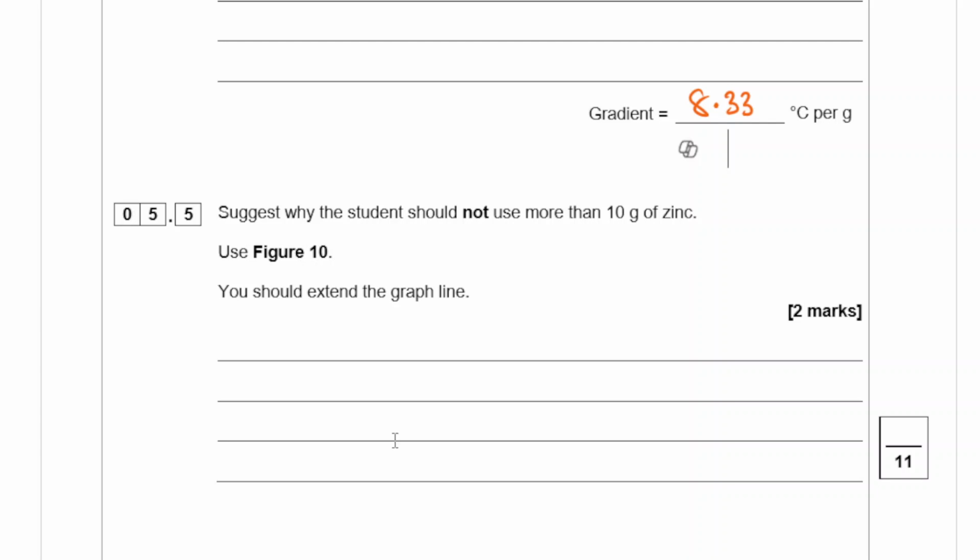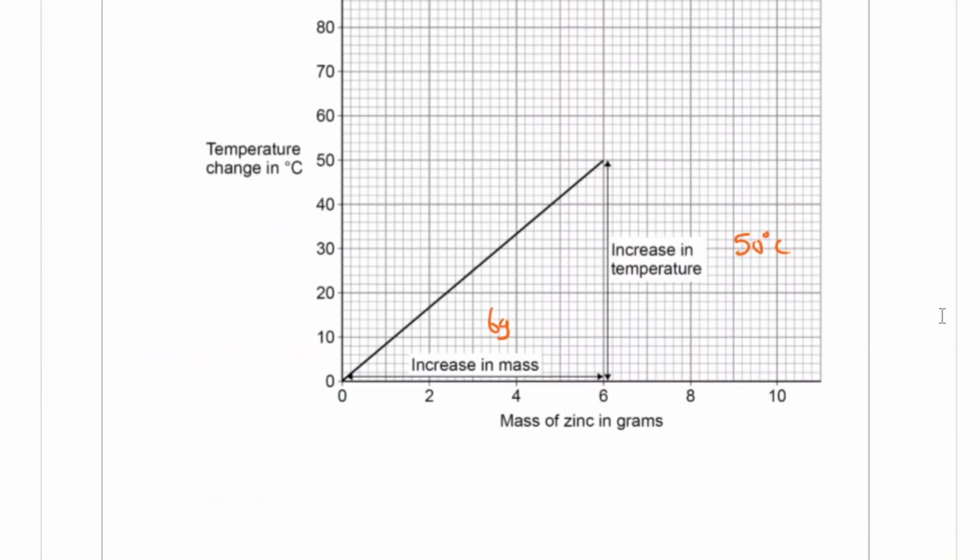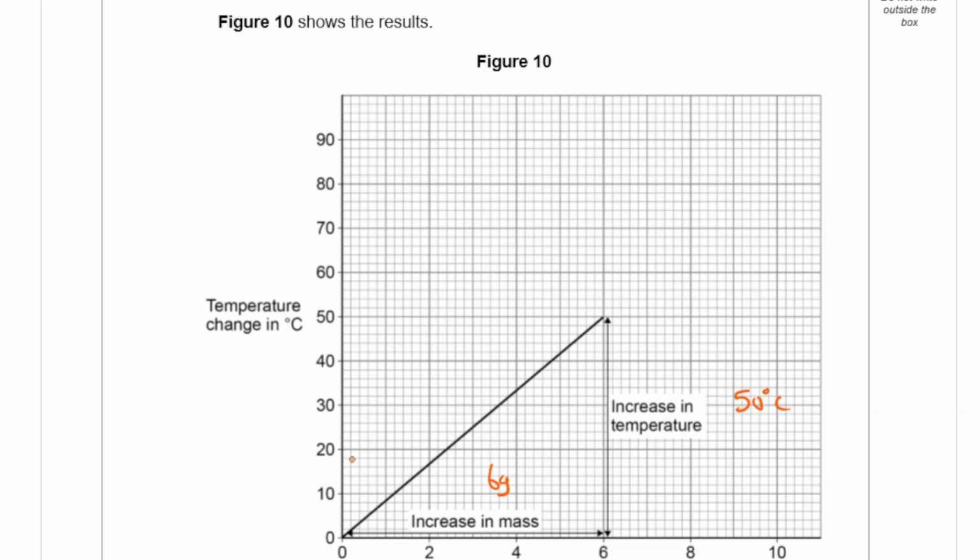Suggest why the student should not use more than 10 grams of zinc. Use figure 10. Well, if they used more than 10, it's actually a straight line. So if you continue doing this, there you go.